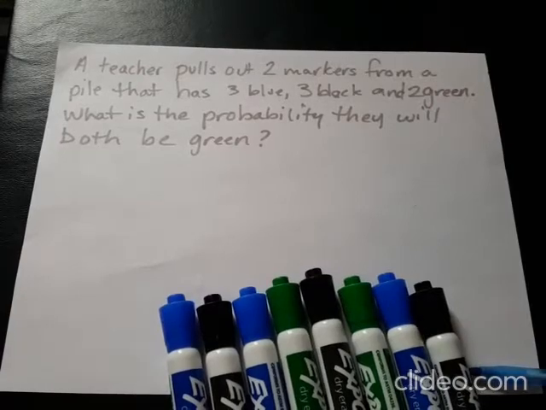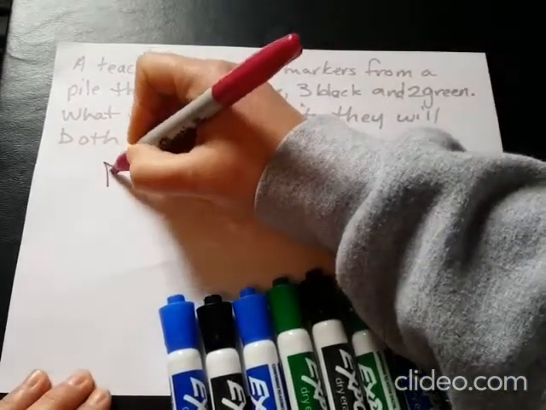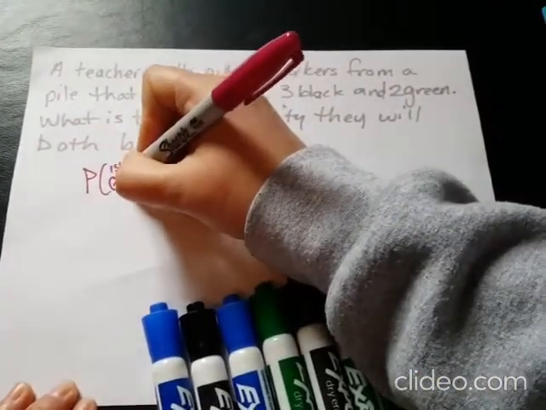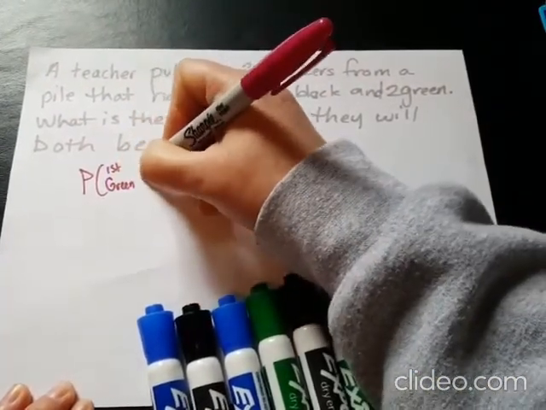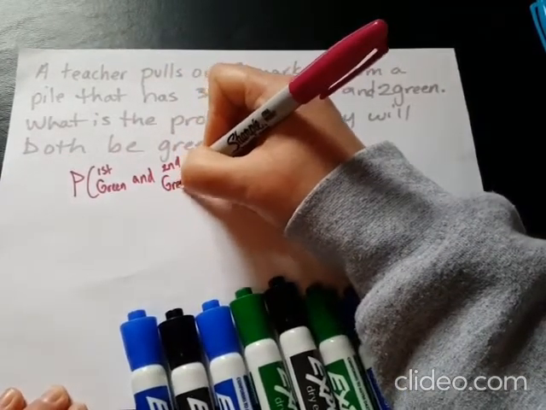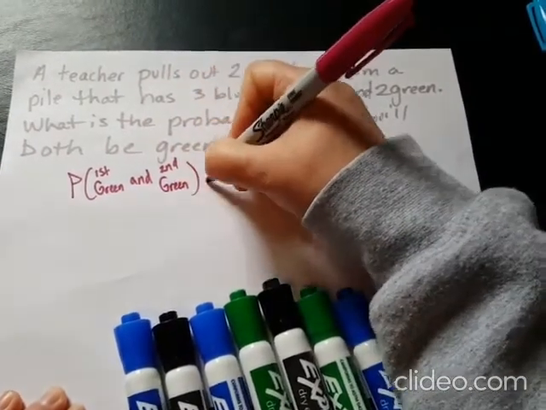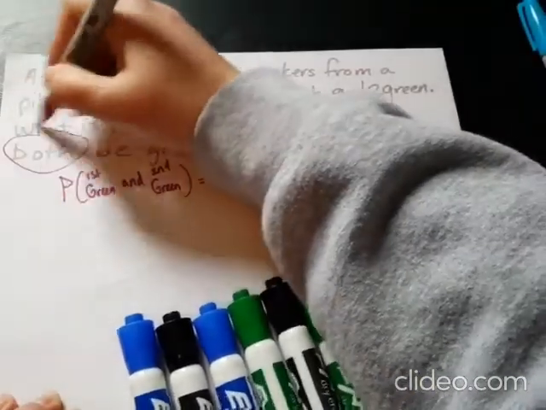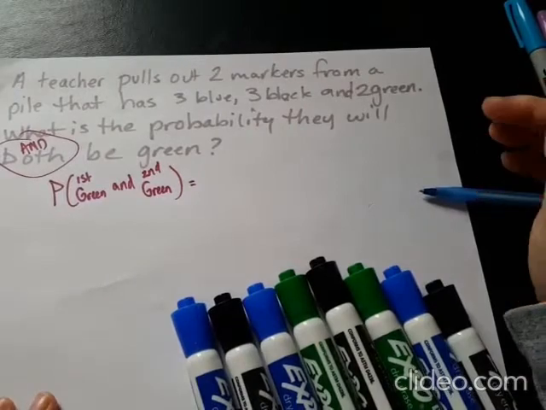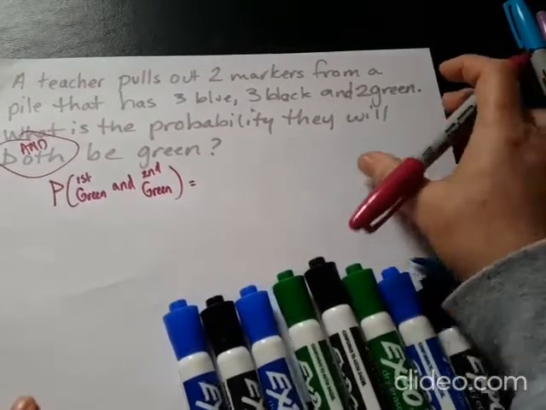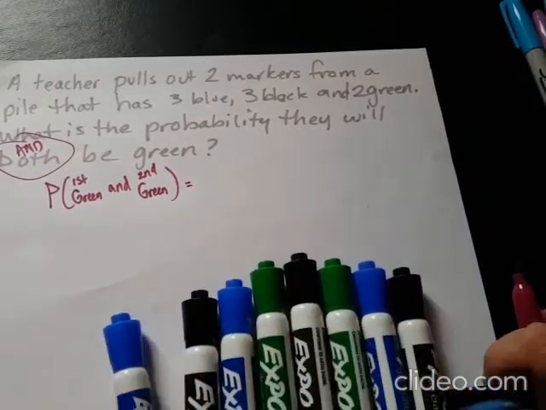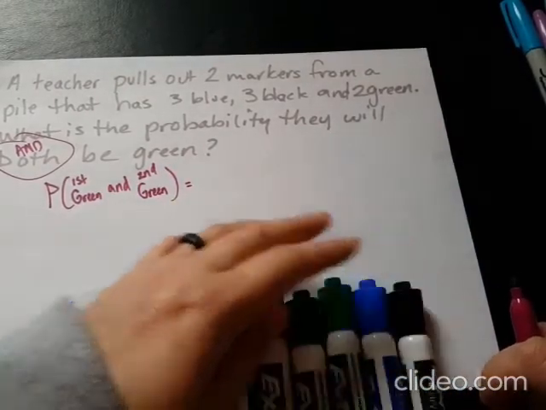So for our formula, we're going to be looking at event A being the first one is green, and event B being the second one is green. So the word both, even though it doesn't have and in it, we can infer that there's an and in this question. Green and green make both of them green.